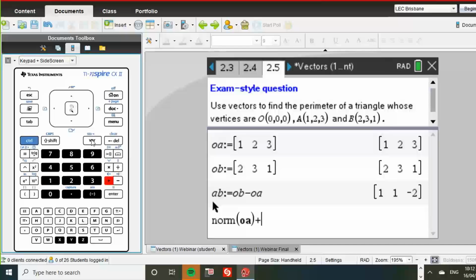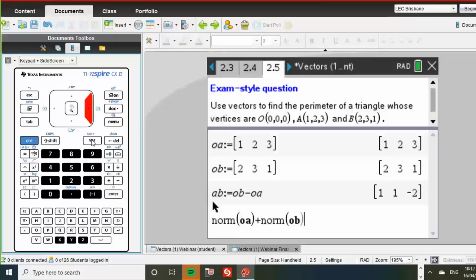Now rather than use the menus, I'm going to type in norm, open bracket, OB. Notice that OA and OB are bold and italicized, and that's because they've been assigned as a vector.